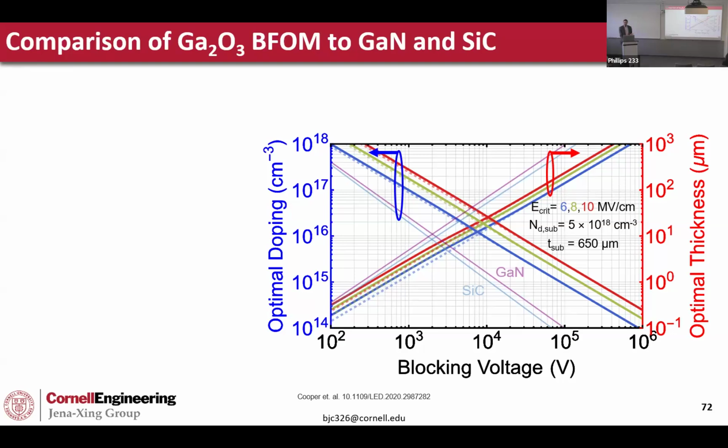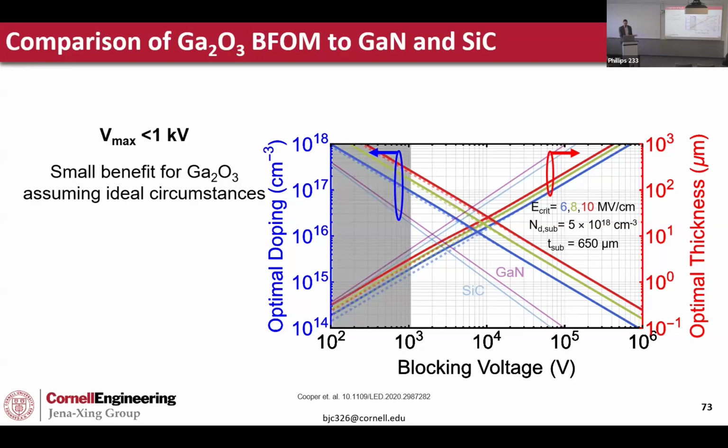If we were to look at regimes now, if we're at a high voltage of about a kilovolt-ish, you can see that the lines here are not too different. You might get a benefit of, you could say, 2 to 8e16, or you could maybe grow 3 instead of 6 microns. But in established technologies like GaN and silicon carbide, that's not really an issue.